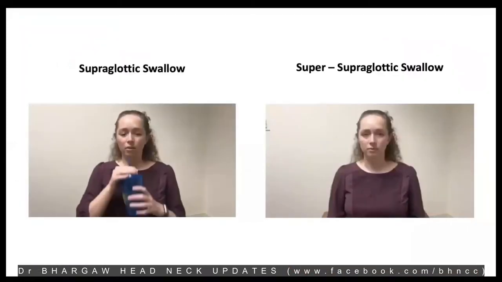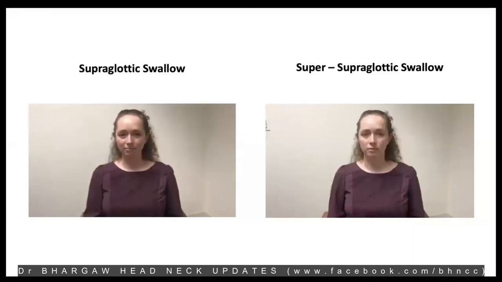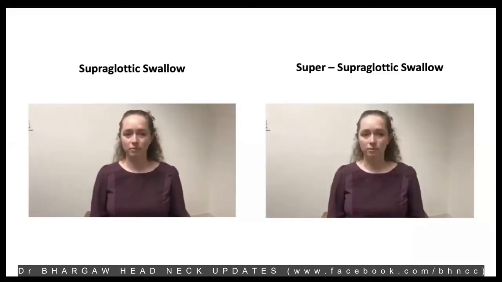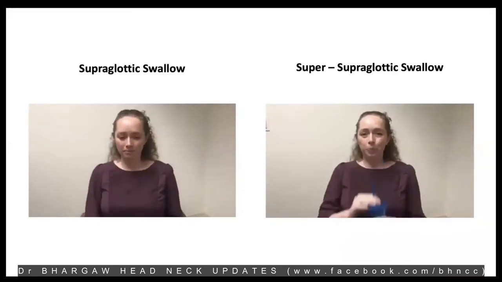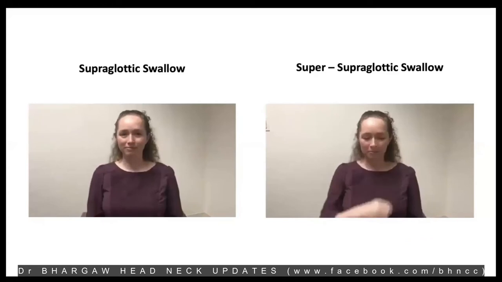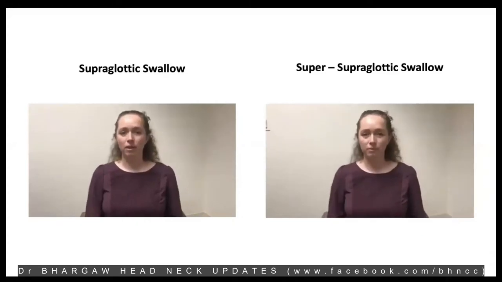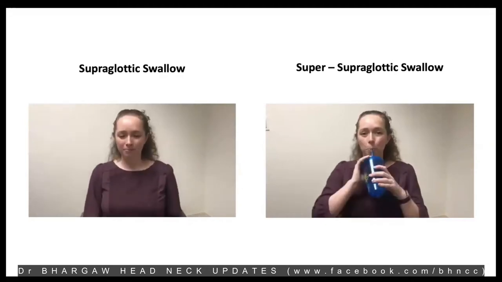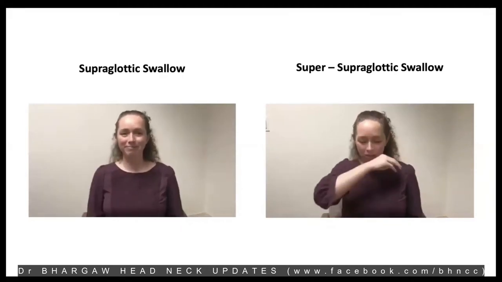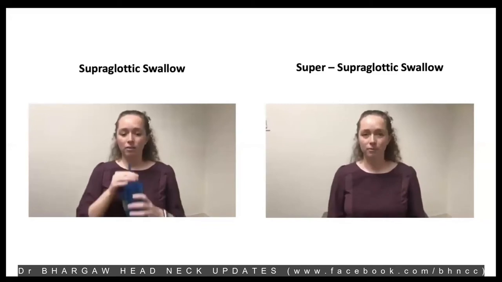The most common exercise which we advise for these patients, even before the treatment, is the supraglottic swallow or the super-supraglottic swallow. This entails holding the breath, having a swallow, and then coughing after the swallow. Whereas super-supraglottic involves the patient not only holding the breath, but also really bearing down.